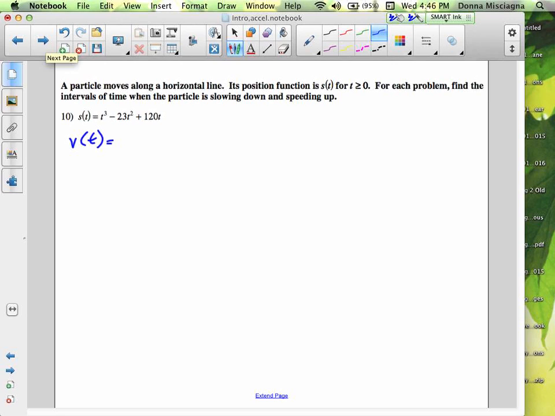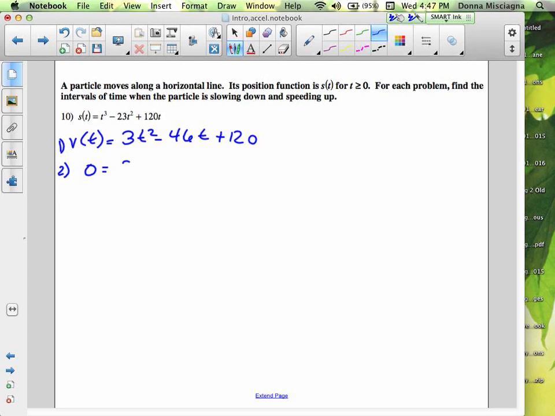Our position function is t cubed minus 23t squared plus 120t. Velocity would be 3t squared minus 46t plus 120. A little more interesting equation than the first time we answered when the particle is slowing down and speeding up. All right, so our second step is to set this equal to 0.